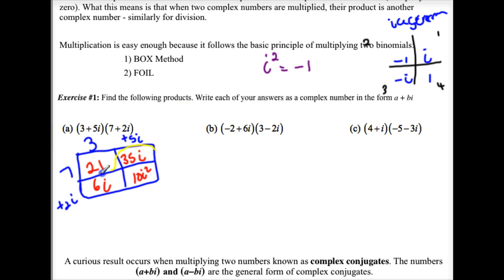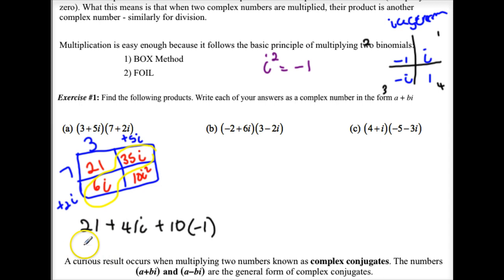Now I want to combine my like terms. You're going to get 21 plus, what's 35 plus 6? It's 41, oops, not 40i, 41i, plus 10, and we know i squared is -1, so this becomes 10 times -1.